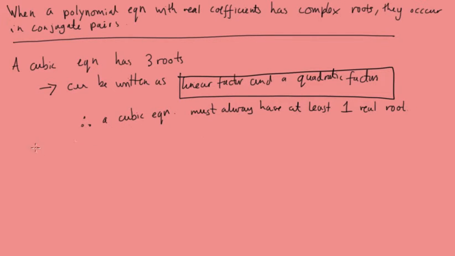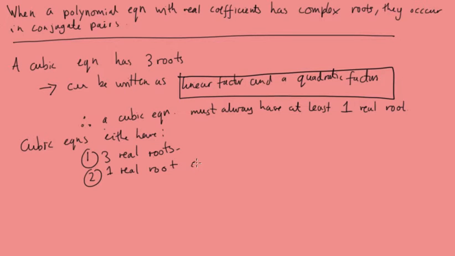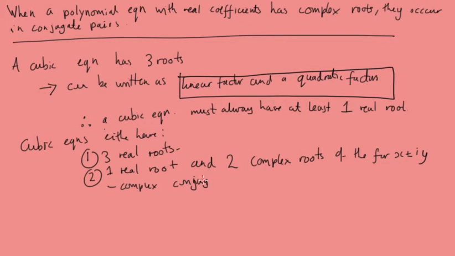So cubics either have 3 real roots, that's a possibility, and you've solved those kinds of equations before, so they can have 3 real roots, or 1 real root and 2 complex roots of the form x plus or minus iy. So the complex conjugate pair.